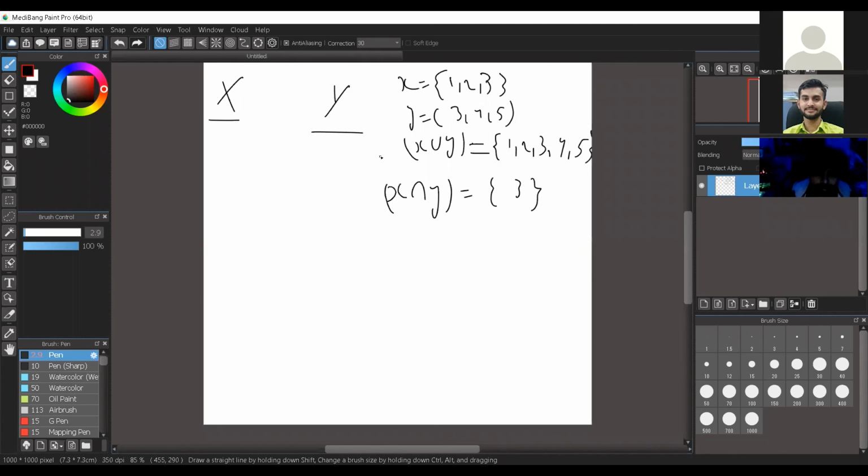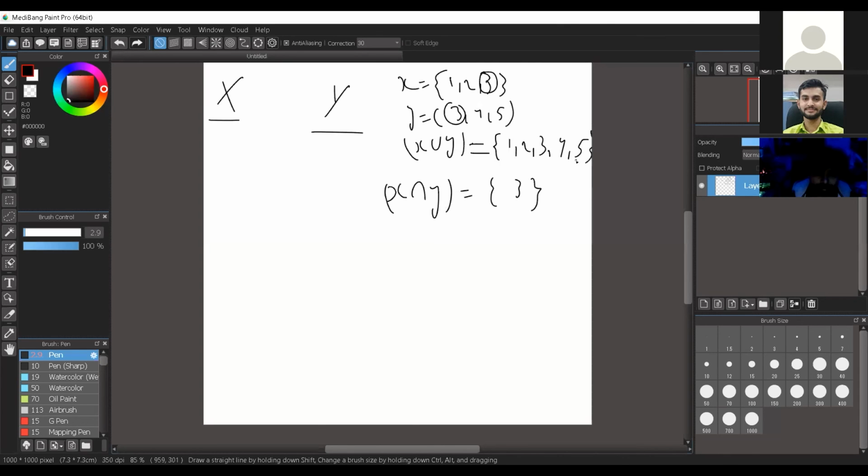If 3 is present in a set, you cannot write 3 again. So when we take X union Y, we make another set which has elements from both these sets. So now we have 1, 2, 3, 4, 5. We are skipping the repeated 3 here. In X there are three elements, in Y there are three elements, but in X union Y we do not have 6 elements, we only have 5 elements because we do not repeat any element. Understood?